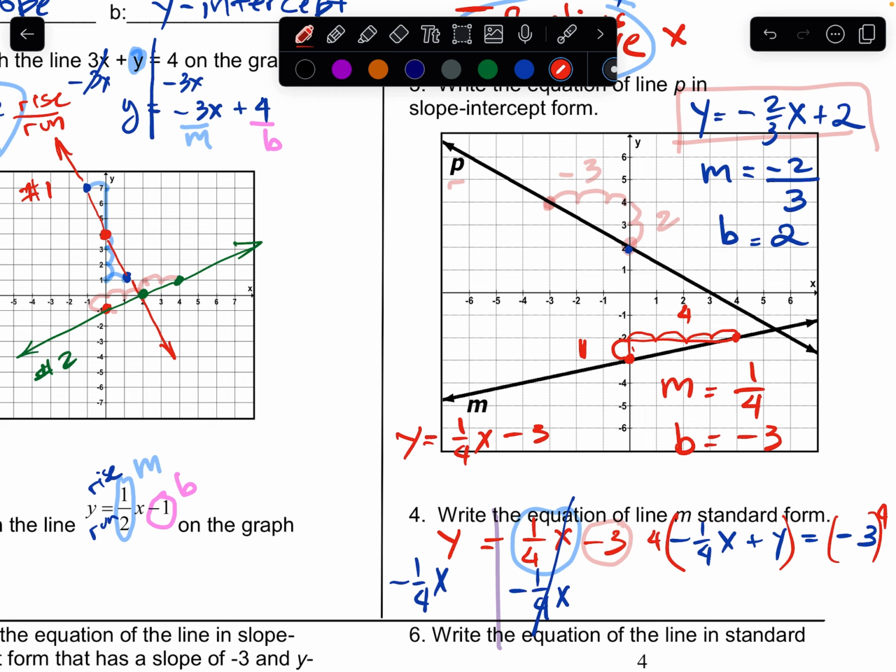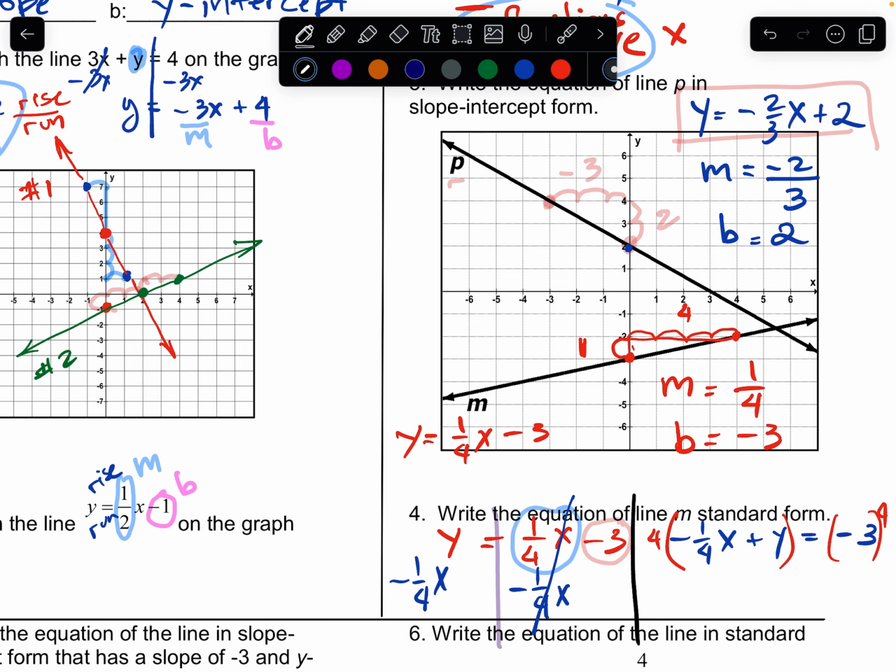Now I want to get rid of that negative. So let me put a little divider here. I'm going to multiply by a negative 4 right here and a negative 4 here, because now negative times negative is positive. So now negative 4 times the negative 1/4 becomes just 1.